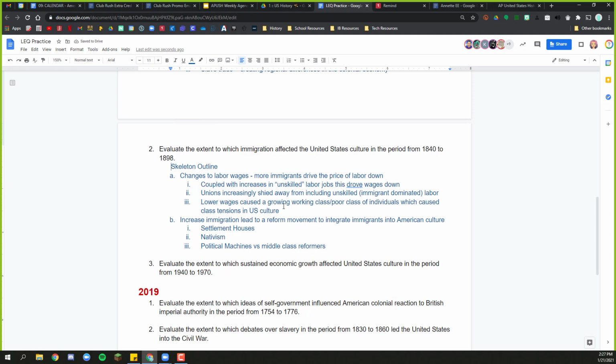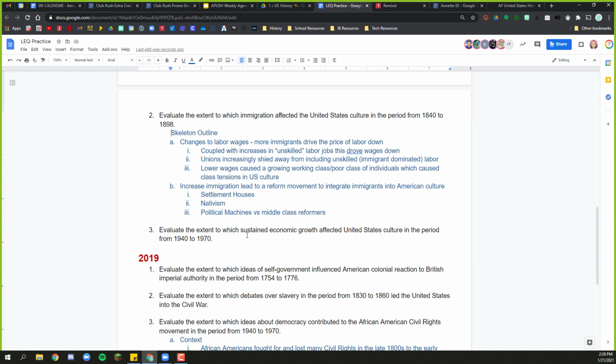Okay. Again, just the skeleton, or do you want the full one? Skeleton outline. Okay. Let's copy this.